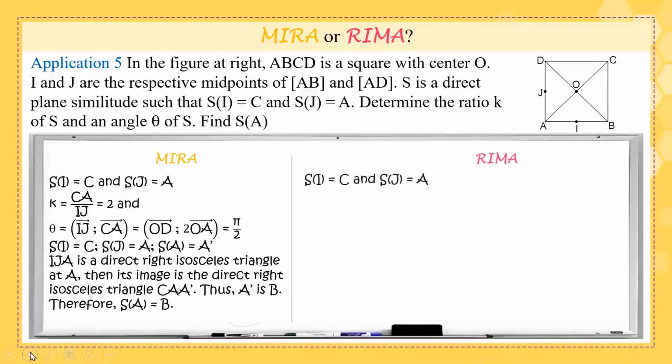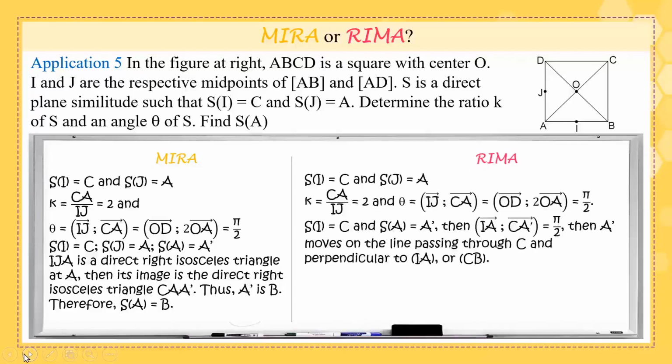Now Rima said, again in the same way she found the ratio and the angle, but to find A', which is the image of A, she wrote S of I equals C and S of A equals A'. So the angle between the vector IA and the vector CA' will be pi over 2, which is the angle of the similitude.